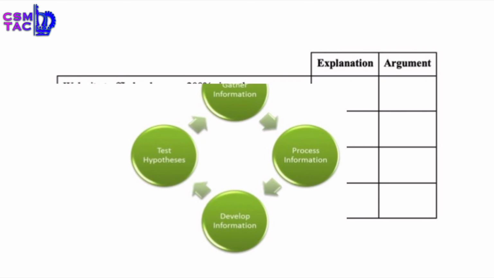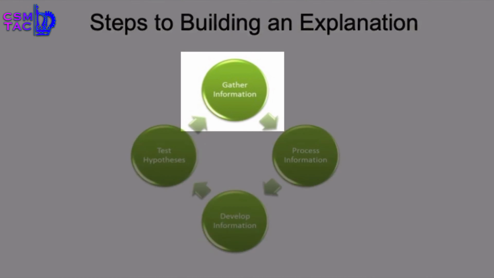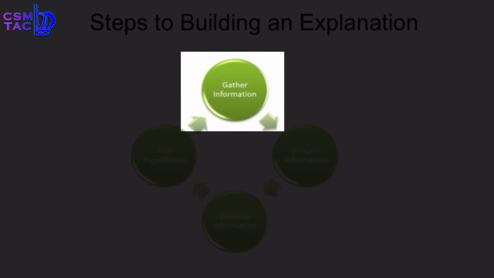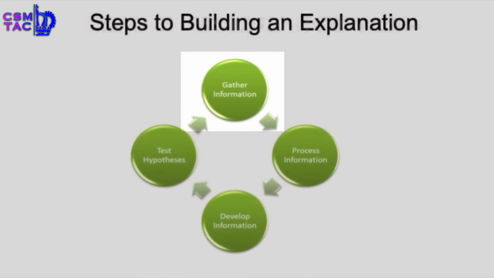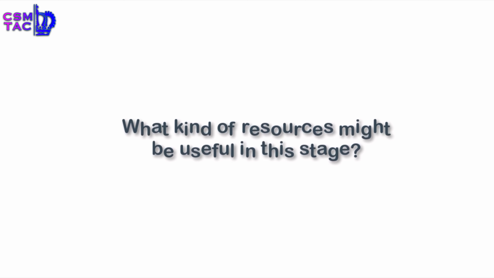There is a 4-step cycle that you can use to build an explanation. And we start with gathering information. To start, gather as much information as possible from as many different sources as possible. Be open-minded and make sure not to discard anything right away. Ask yourself, what kind of resources might be useful in this stage?